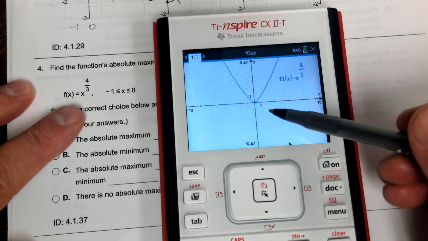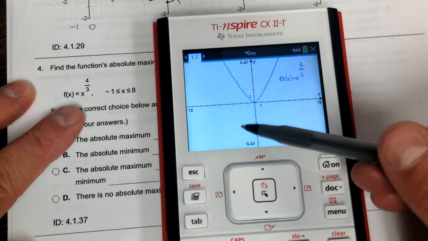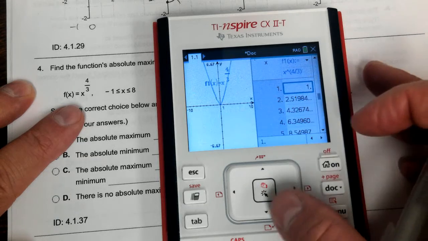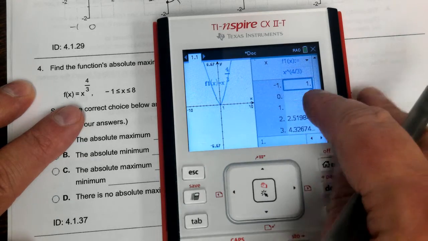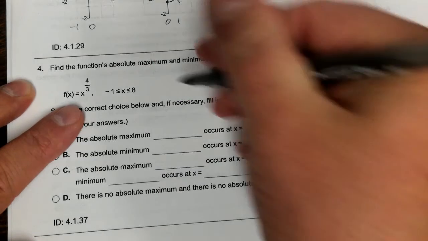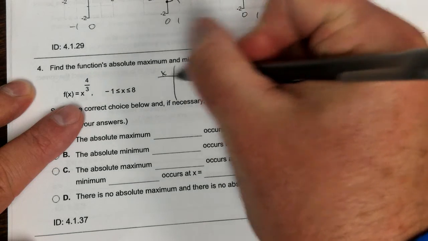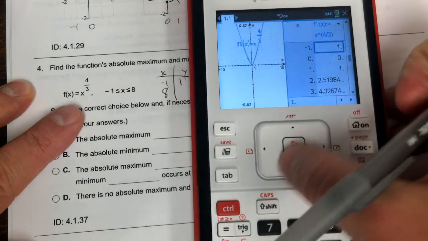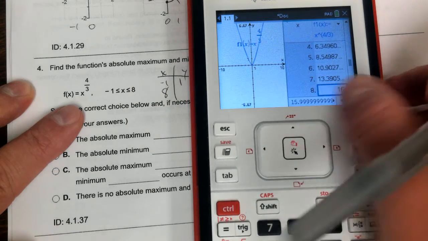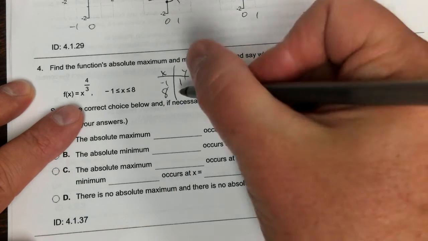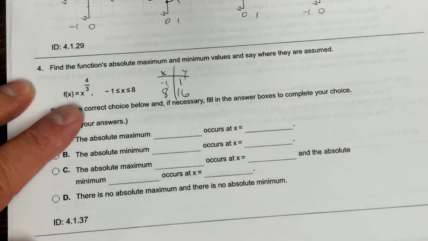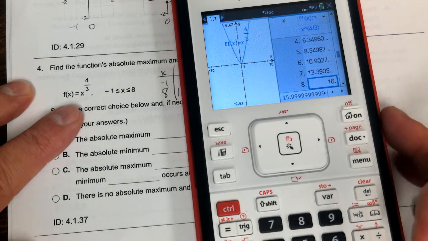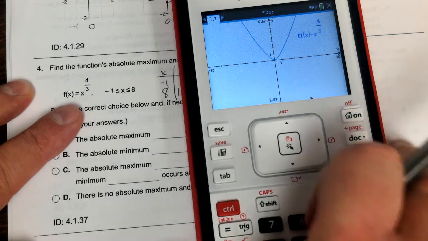Okay, so that's that function, and we care about from negative 1 to 8. If we look in our table at negative 1, we get 1, and at 8, we get 16. And if you look at the graph, so let's get rid of the table, we have a minimum at 0, 0.